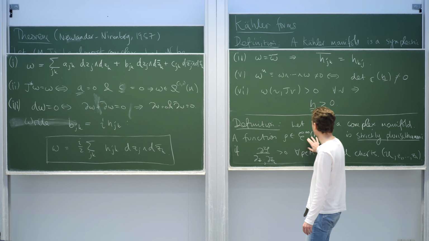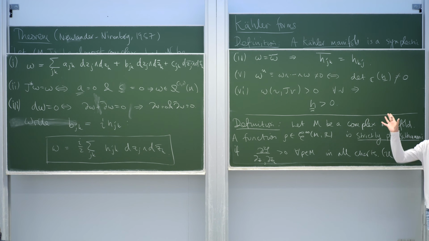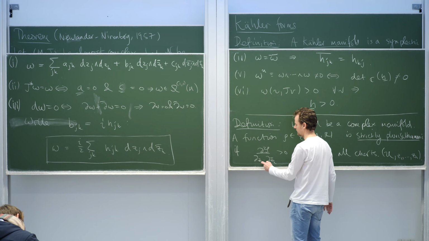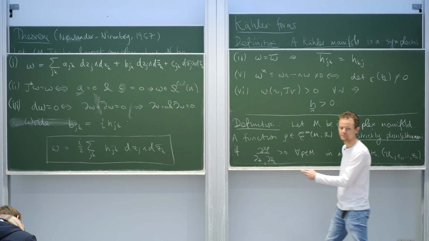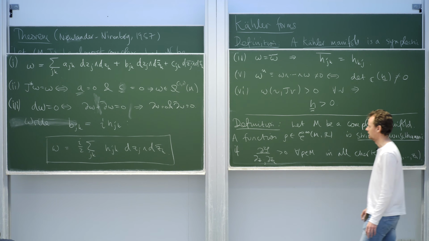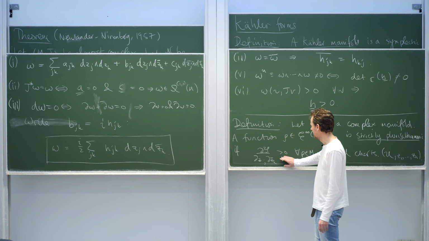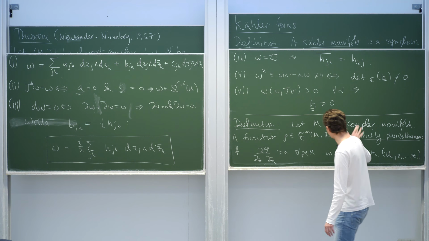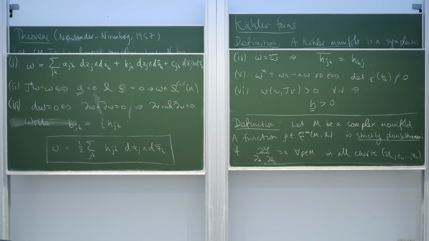So if you get a real valued function on this complex manifold, and you look in some local chart and you form this matrix here, delta squared rho, dz_j, dz bar k. It's like a Hessian matrix, not exactly. And if this matrix here is positive in all charts and at all points on the manifold, then that is a nice function.